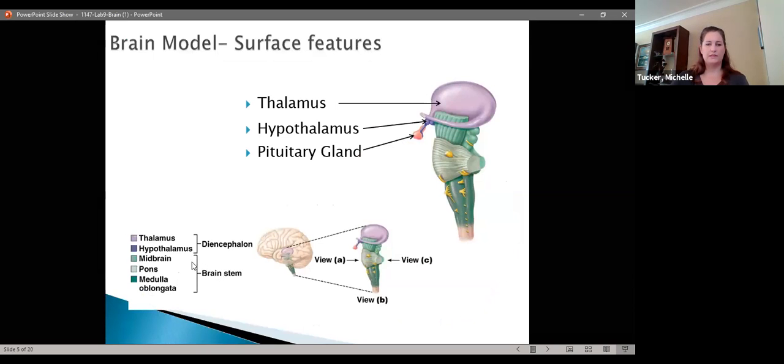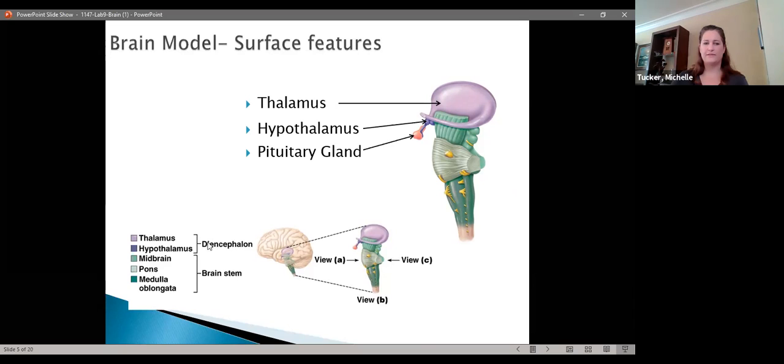So we just got through discussing that the brainstem is made up of the midbrain, the pons, and the medulla oblongata. In the next slide, we're going to be looking at these structures that are part of the midbrain. It is going to be a set of structures that comprise something called the corpora quadrigemina, but these are what are considered midbrain structures.